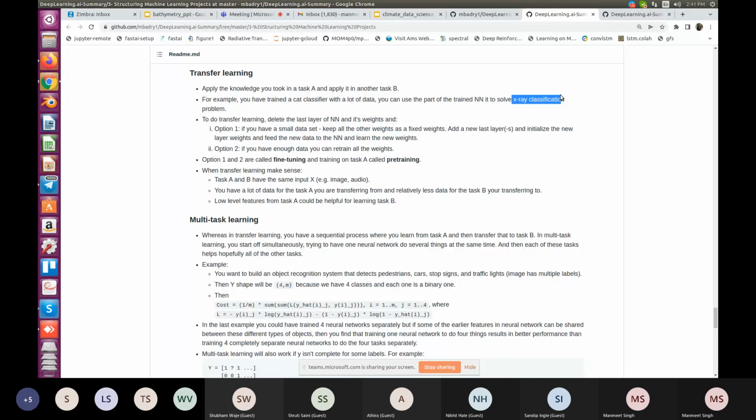So you can just fix all the layers up to L minus 1, if L is your number of layers, and just tune your last layer. Options 1 and 2 are called fine tuning, and training on task A is called pre-training.